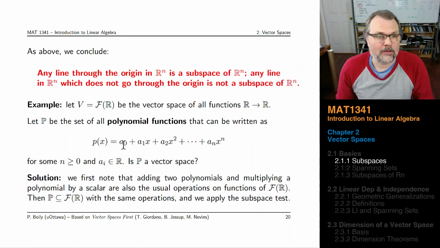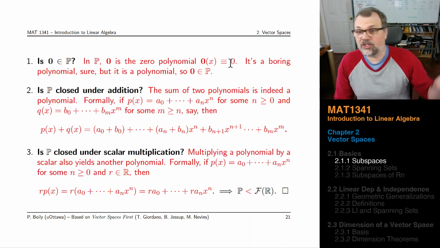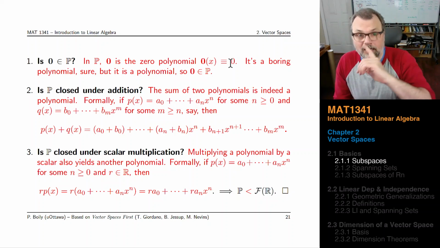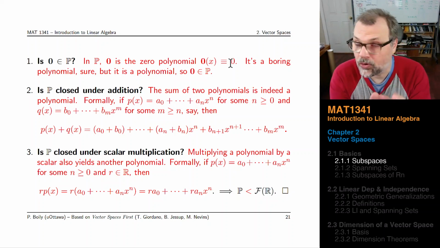It's something of the form a0 plus nothing else, so n is equal to 0, and a0 is 0, which is itself a real number. So the zero polynomial, the thing which is identically 0, is a member of the set of all polynomials.